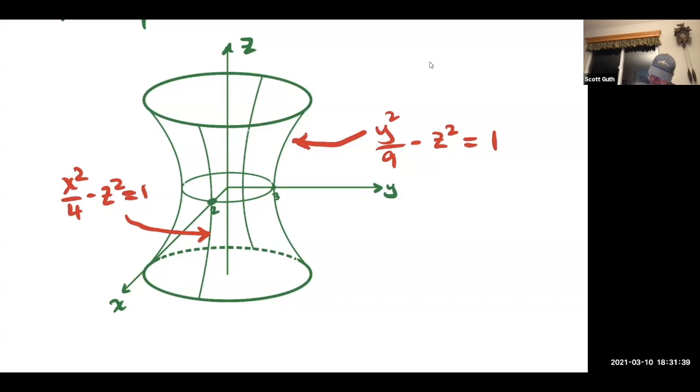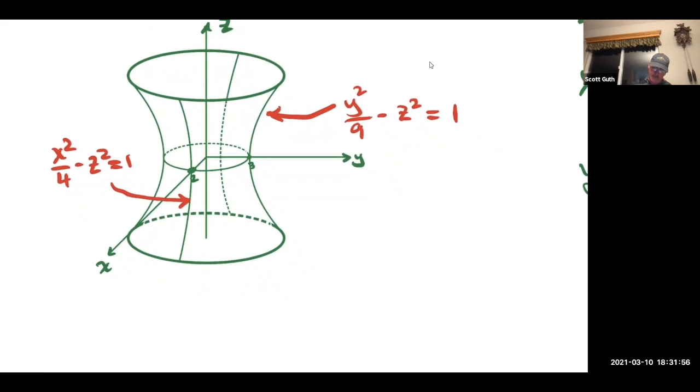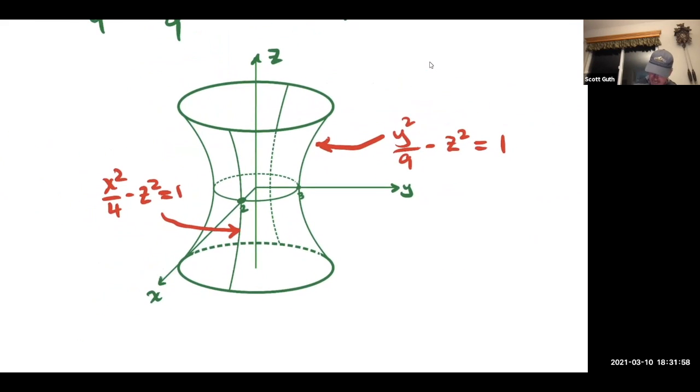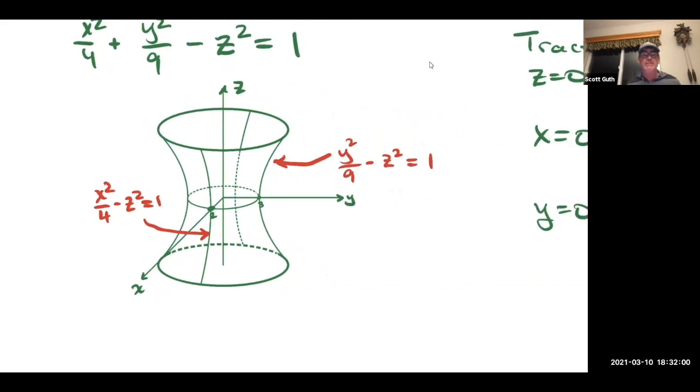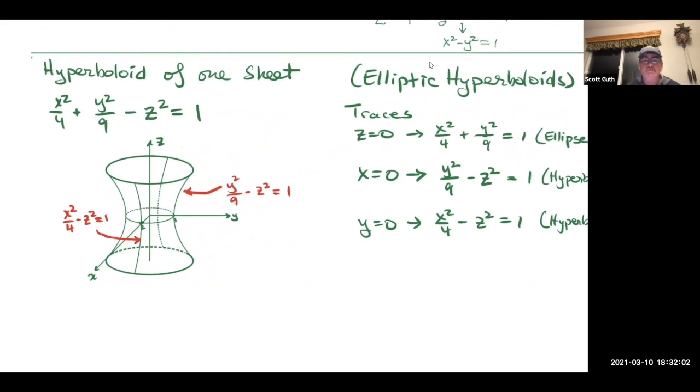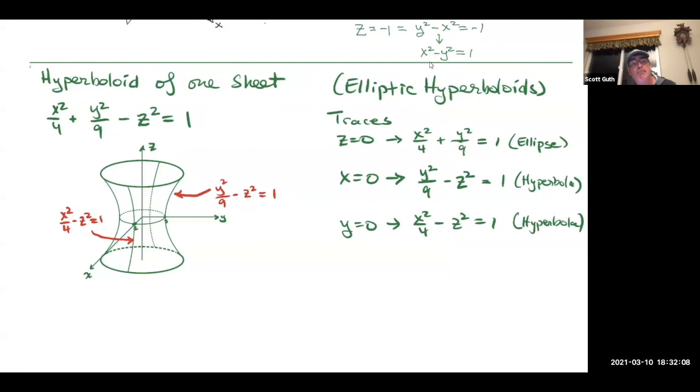Okay, so I think I've got all my bases covered here. You could hide the axes, but I'll save you the time and not do that. Okay, you guys have any questions about the hyperboloid of one sheet?